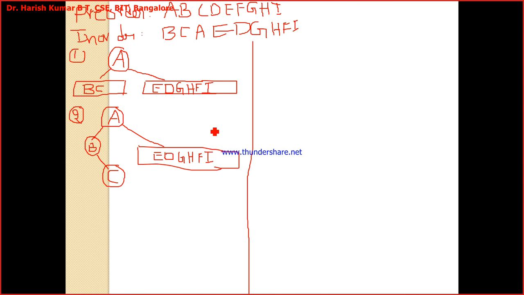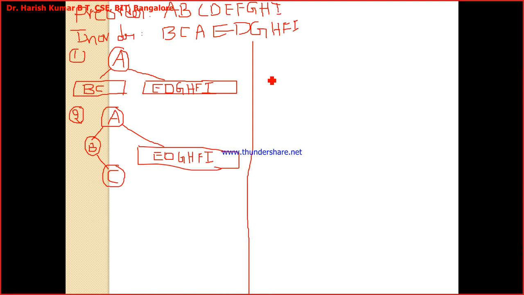Again I go for organizing this E, D, G, H, F, I as per the sequence in the pre-order. A, B, C I have already fixed. Now here I have to arrange it in this fashion. Last is I itself.